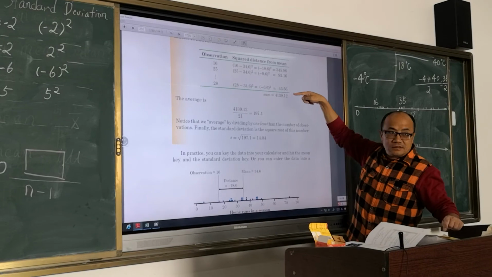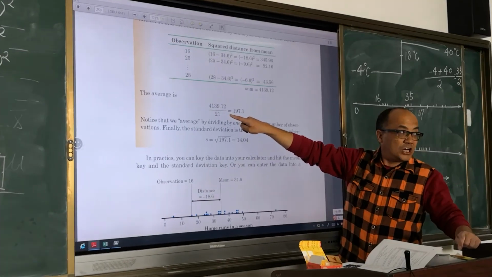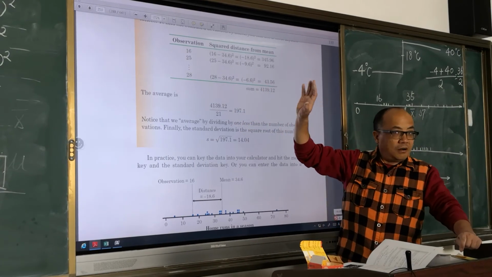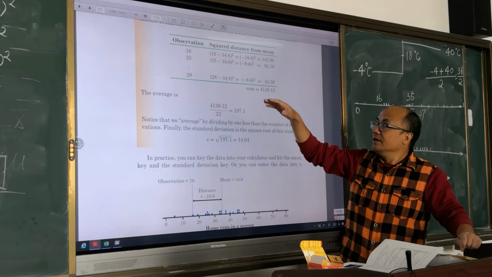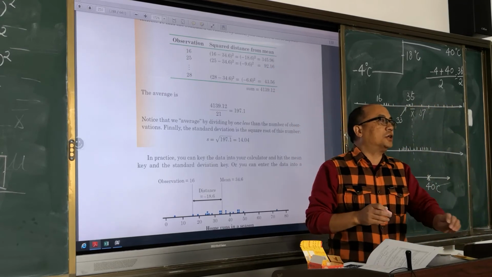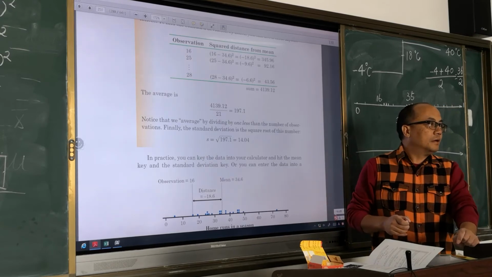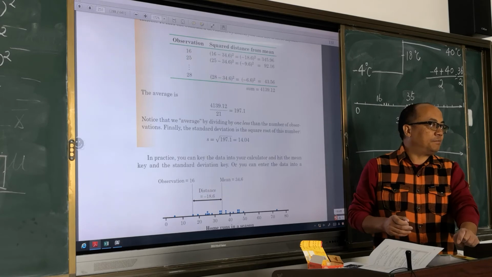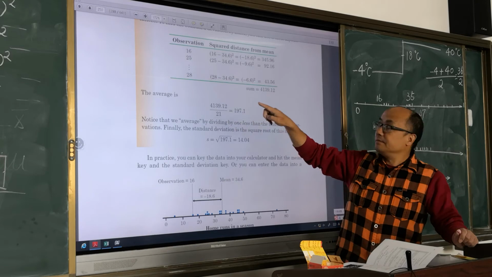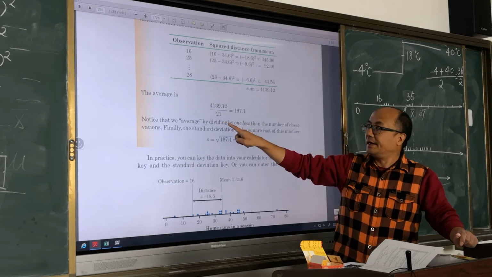Add all of them. When the sample is very large. Right now it's 22, which is an okay size. If your sample is like the average life of 1,000 people, then what should you divide by here?